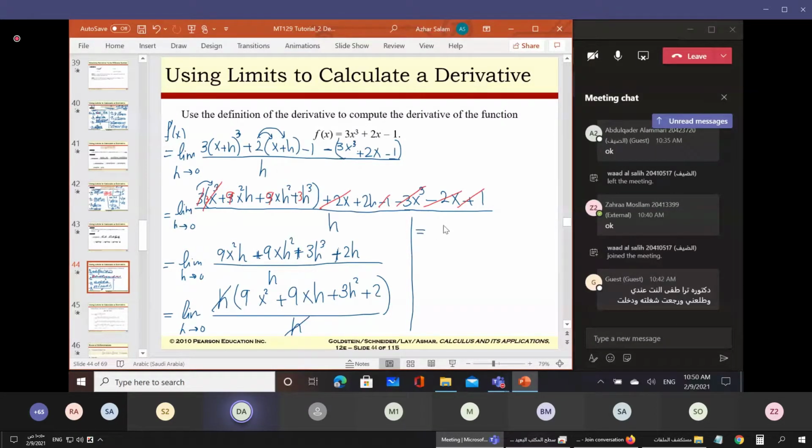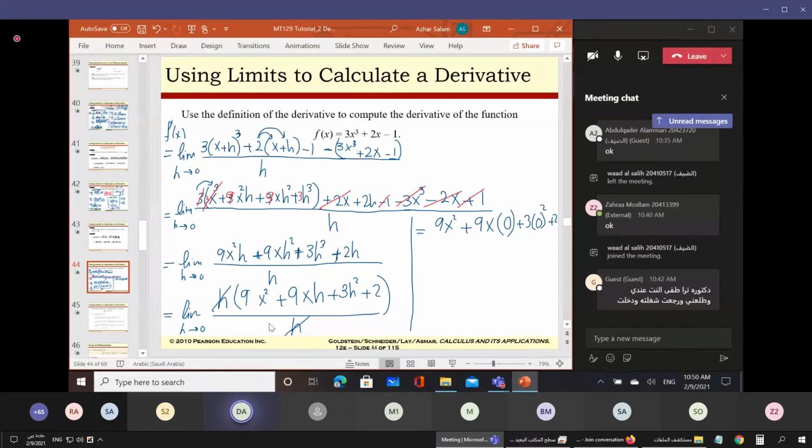It will be 9x squared plus 9x multiplied by h, so multiplied by 0, plus 3 times 0 squared plus 2.